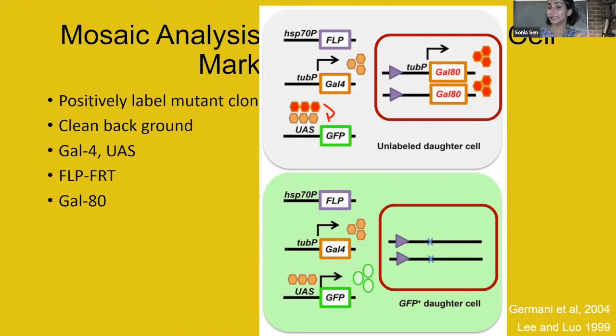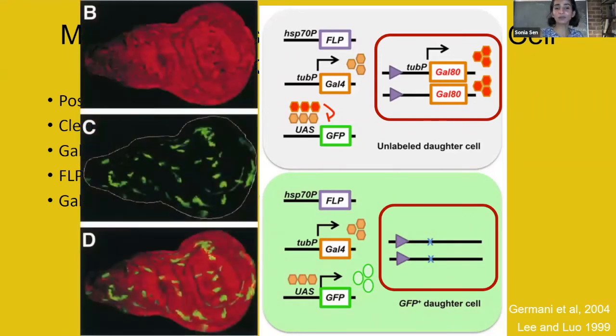Not only that, it's homozygous mutant for MYC, right? So you've positively labeled it: all the background cells don't have GFP, and your mutant cell is the one that has GFP. Is that making sense, guys? Yes. Okay, great.